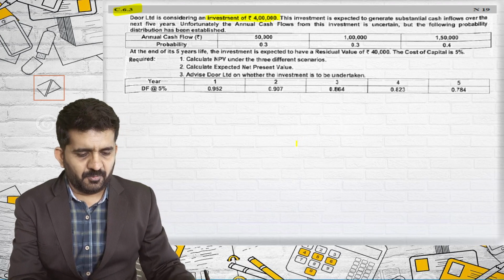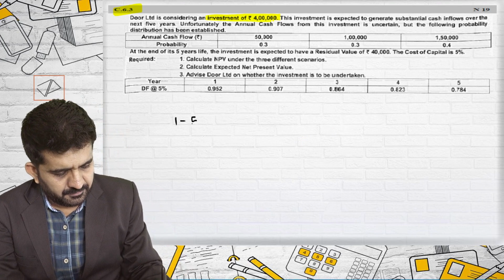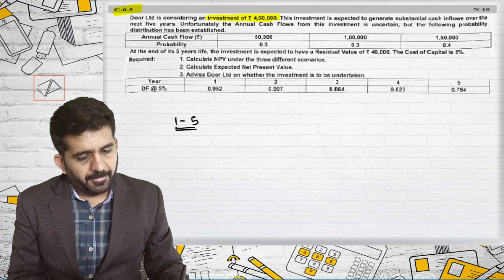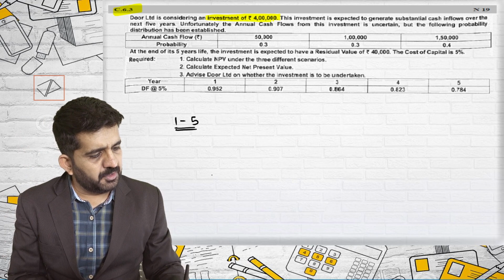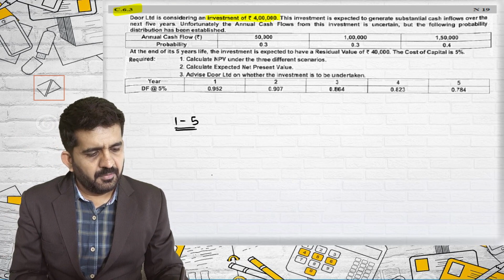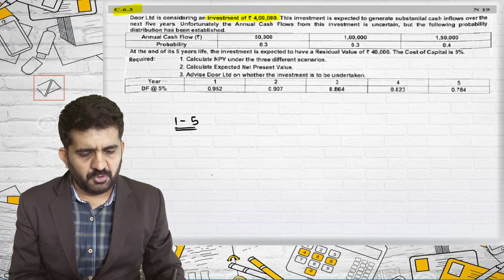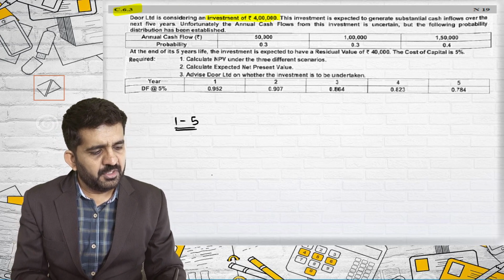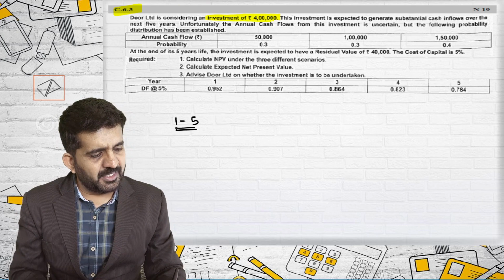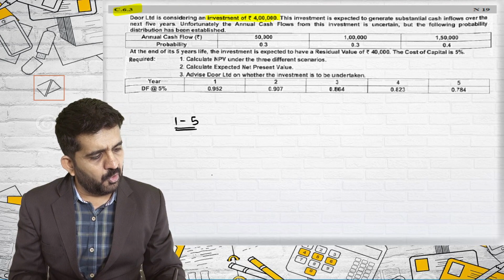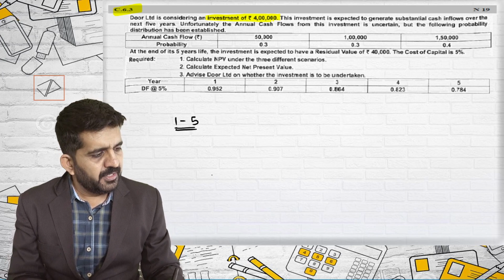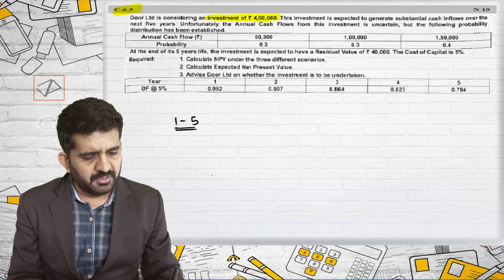So the project will be running for 5 years. The cash flow is 50,000, 1 lakh, 1 lakh 50,000, with probability 0.3, 0.3, 0.4. At the end of its 5th year life, the investment is expected to have a residual value of 40,000. So this will be an additional cash flow. The cost of capital is 5% required.